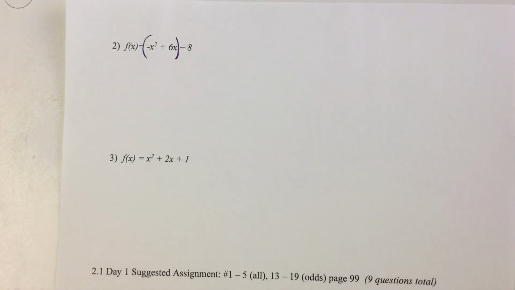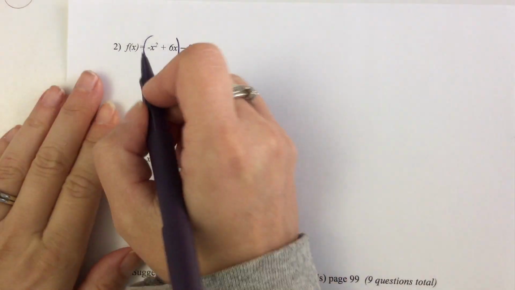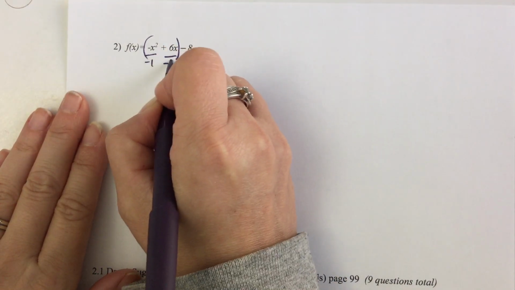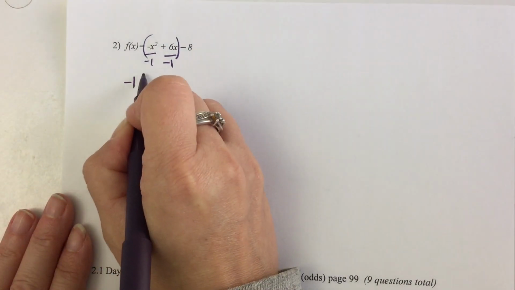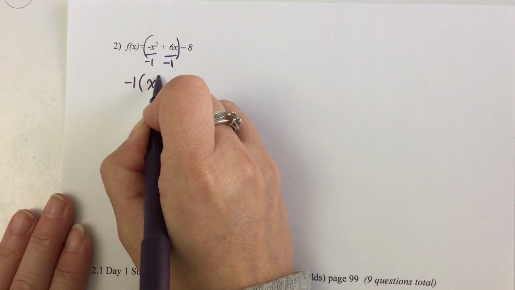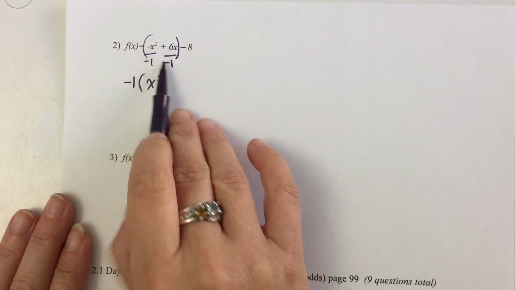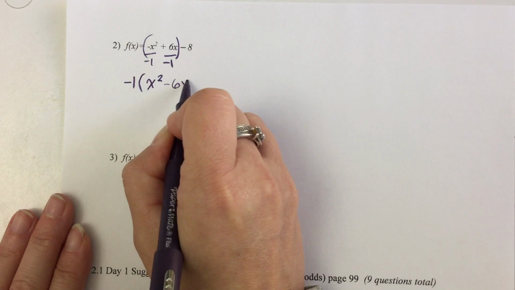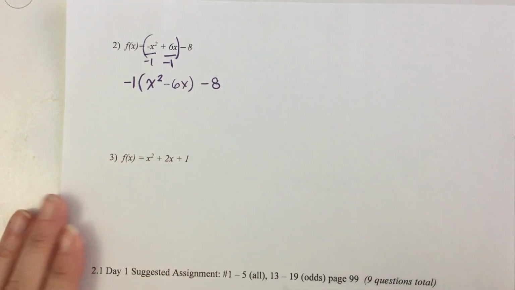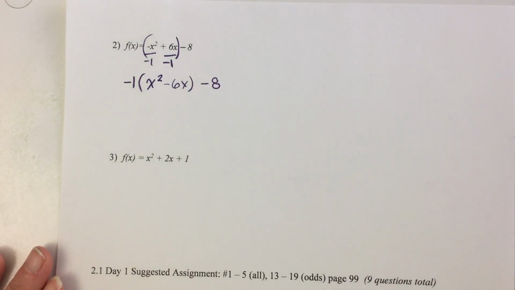Step 2, you cannot complete the square if there is a value other than 1 in front of your square term. I have a negative, so I need to divide that negative out. So -1 comes out front. That would make this x squared. Positive divided by a negative is a -6x. I still have the -8 out back.